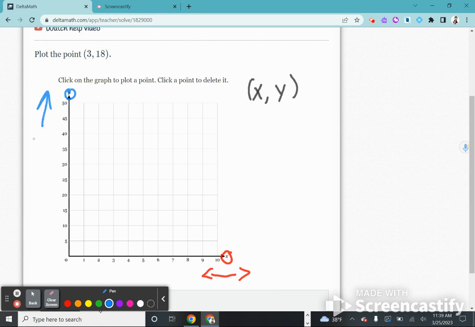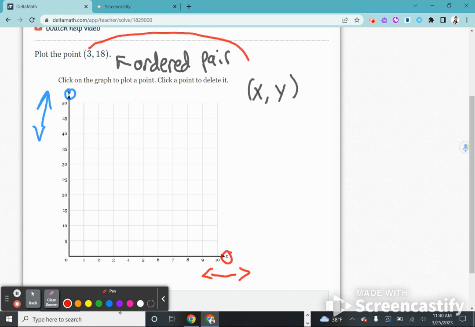Y tells you the distance up and down, okay? And these numbers here form your ordered pair. So when we look at it like that, right, the 3 is your x value, and your 18 is your y value, okay? So that's what we talked about last time.